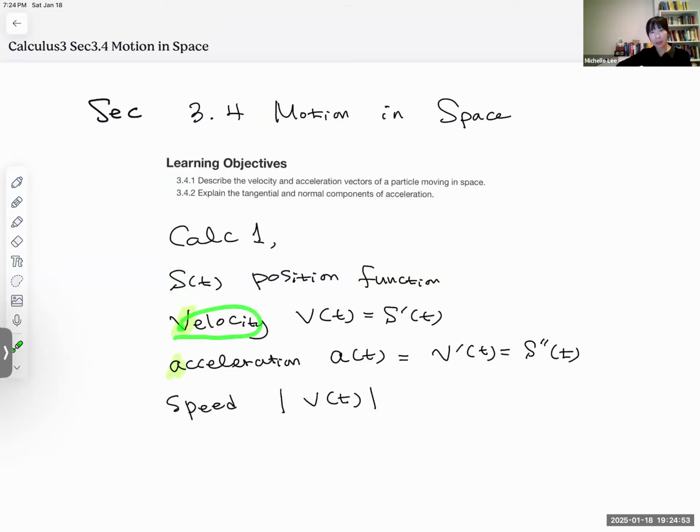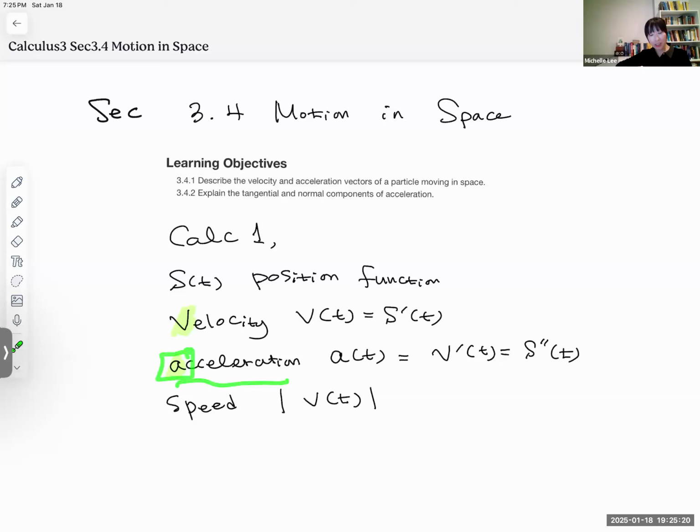Then how do you find velocity? We take the derivative of the position function. We denote it with the first letter, v, from velocity. So v of t is the derivative of the position function. How about acceleration?